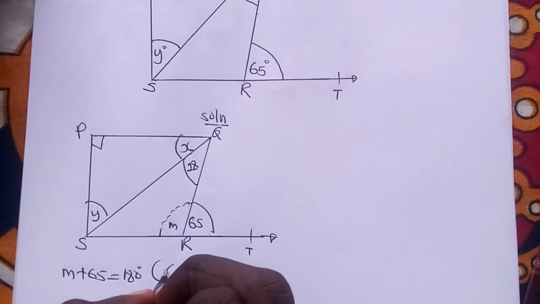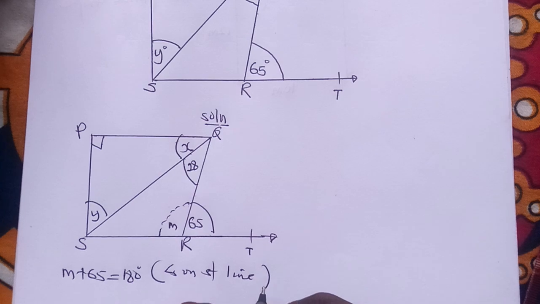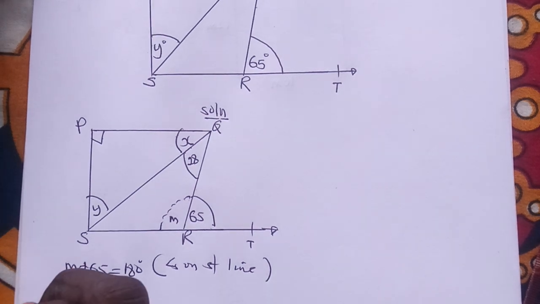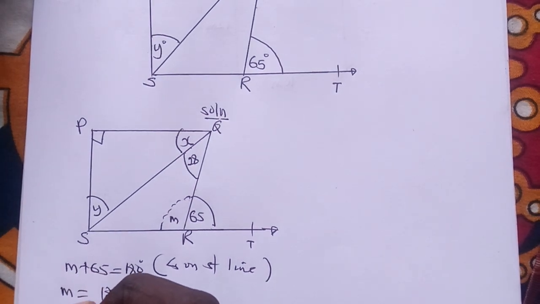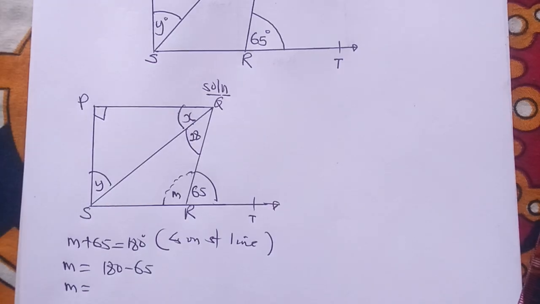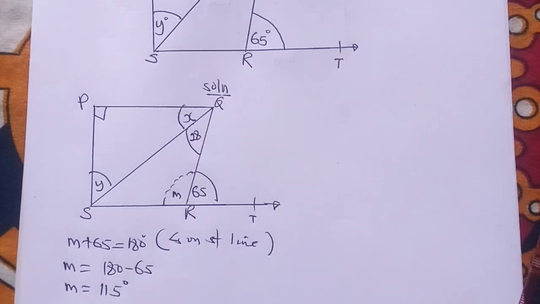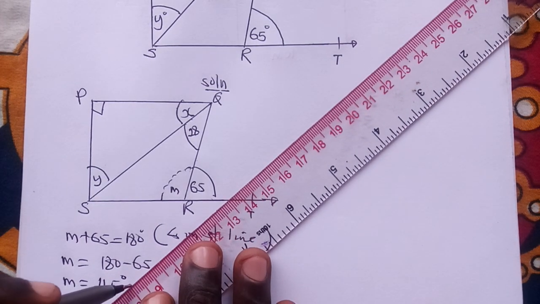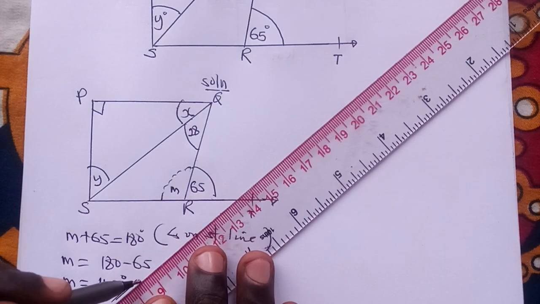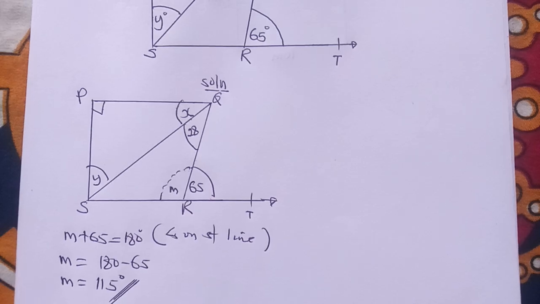The reason being, angles on a straight line ST. Then m becomes 180 minus 65, which is 105 degrees. So this is the value of m, but remember it is not m that we are asked to find. Our target is to find the values of x and y using different methods.